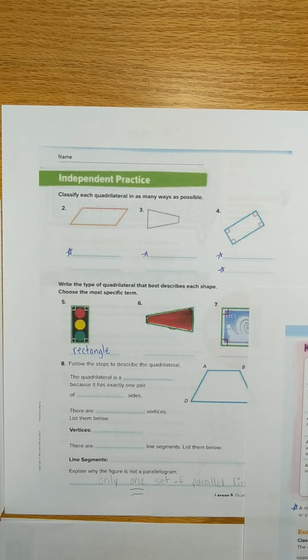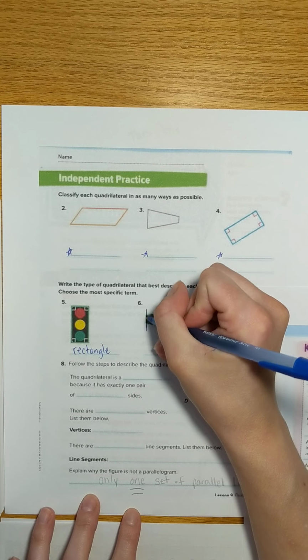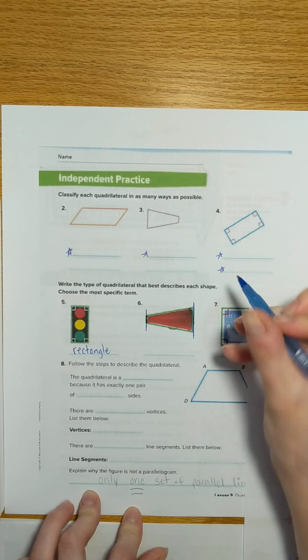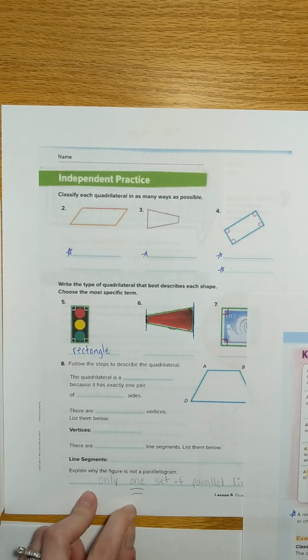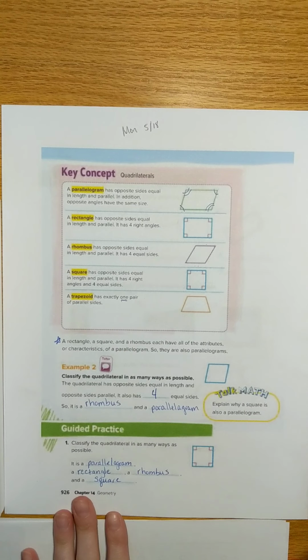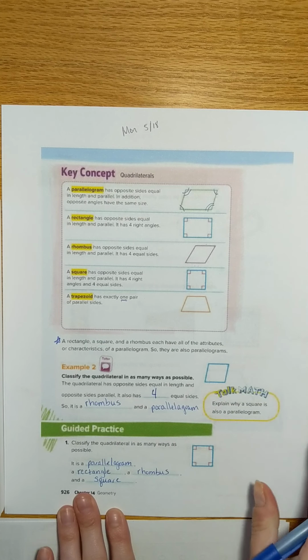Okay, how about number 6? Number 6 is kind of like a triangle shape, but I also notice that these 2 sides look like they're equal distance, and they don't look like they will ever meet or touch each other, and it's just the one pair of those lines which are parallel, so that would fall under trapezoid, one pair of parallel sides.